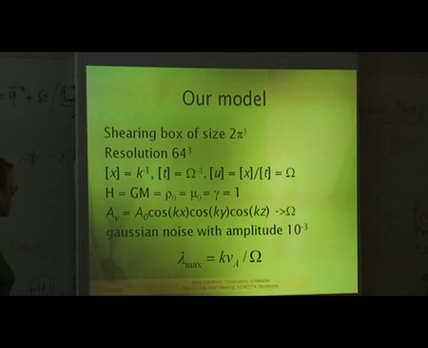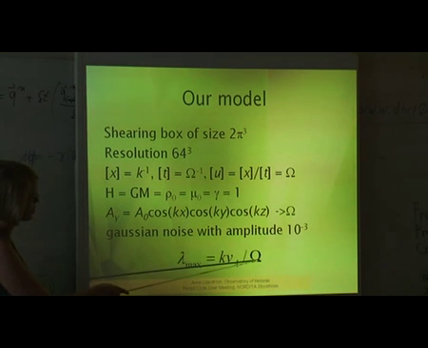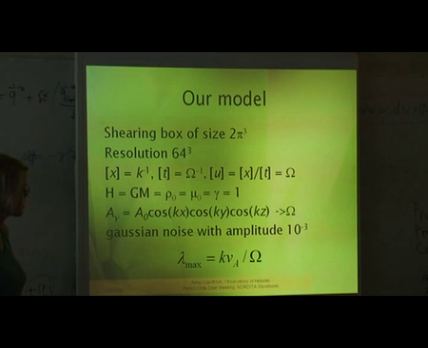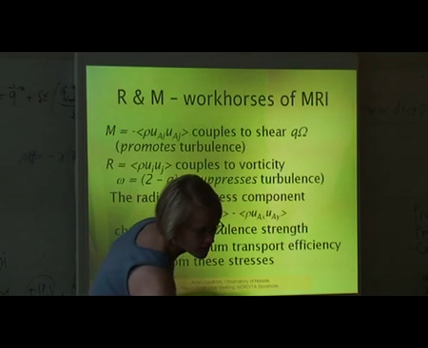And we used some Gaussian noise, so that in effect we always set this wave number to be 1, and because of this amplitude, the Alfvén velocity was always the same as the angular velocity, so the maximum wavelength, or the most unstable mode of the MRI, was always well resolved because of this size 2 pi. So we took care of that.